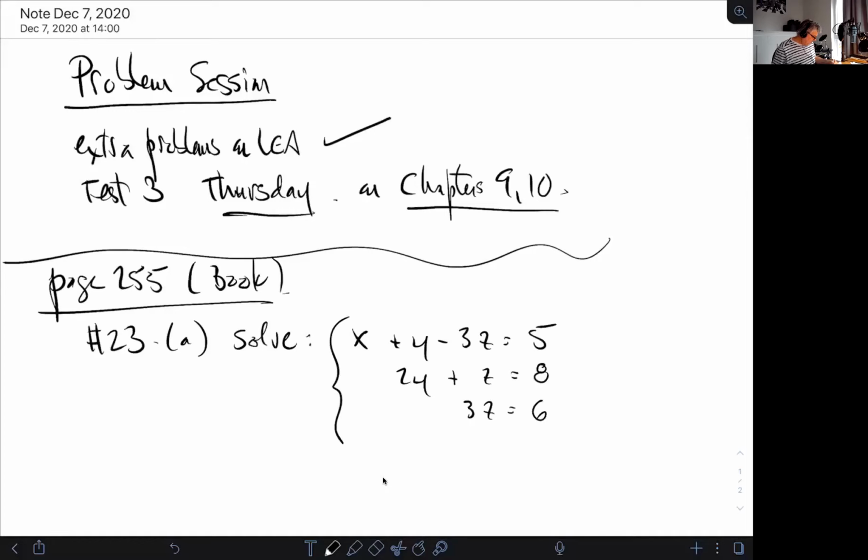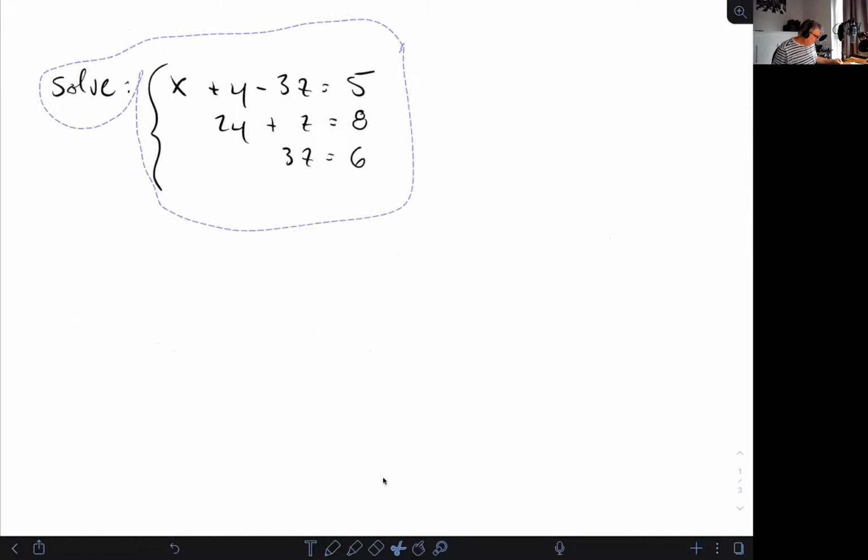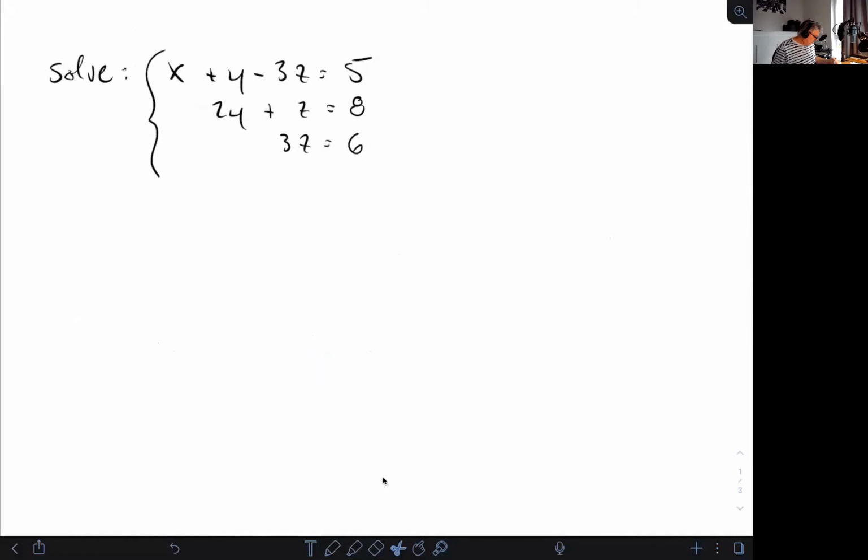Okay, so I'm just going to copy this up and switch pages. Okay, so you can probably see. And Hisham, your question is, you want me to do one like that?